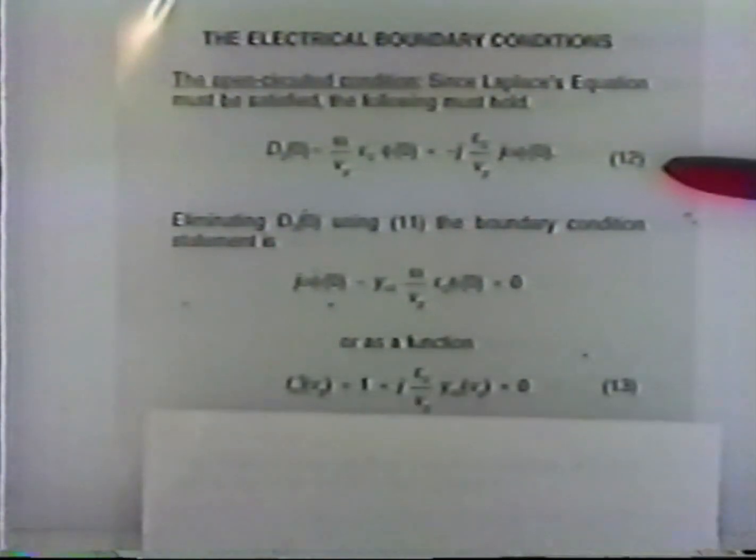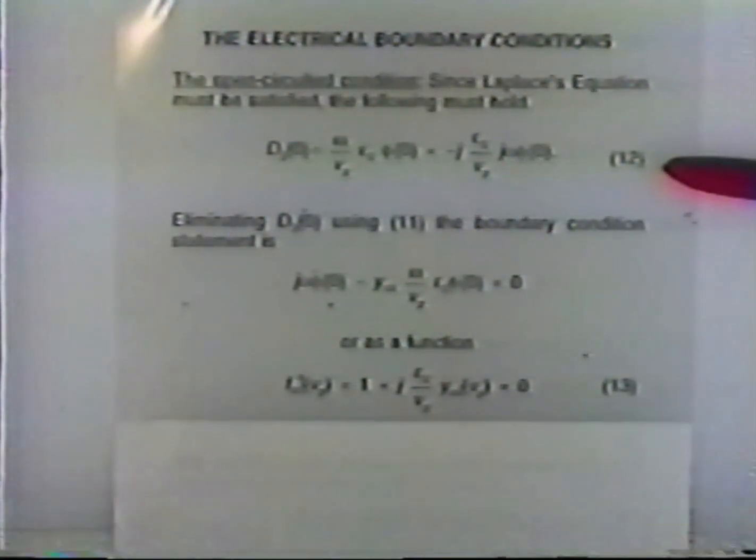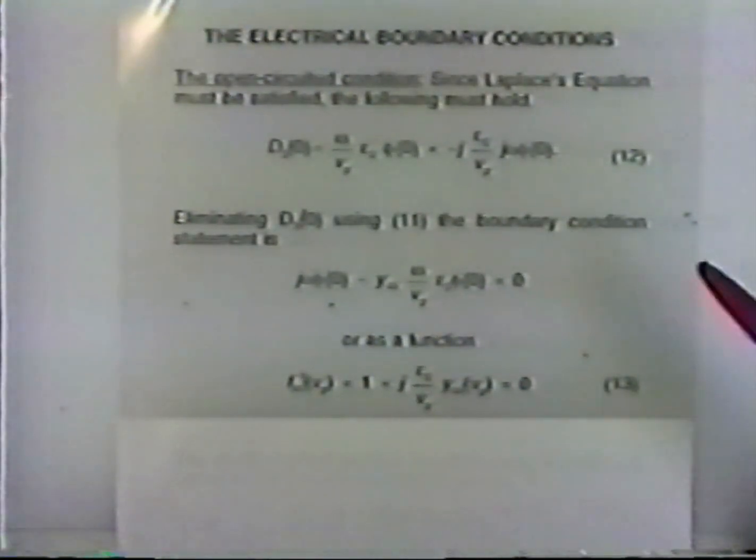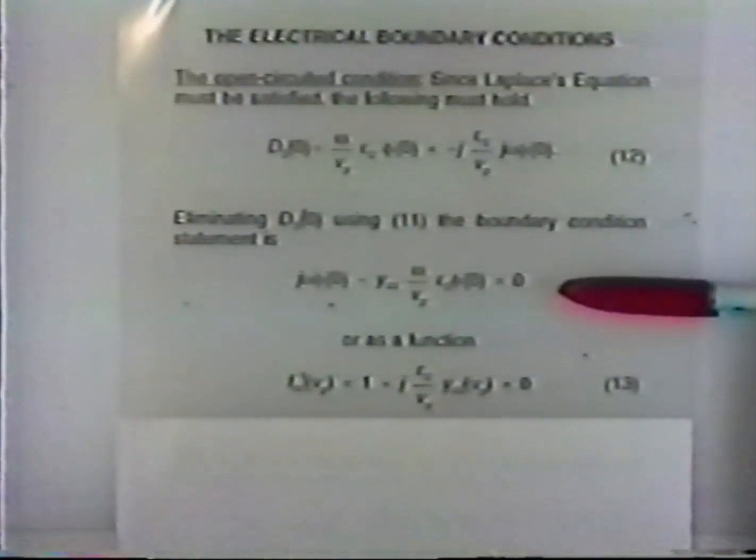And if you eliminate, for example, D3 from 12 and the preceding equation 11, then you get this statement which I'm pointing to now. And again, we have the situation that something times the potential is equal to something else times the potential.